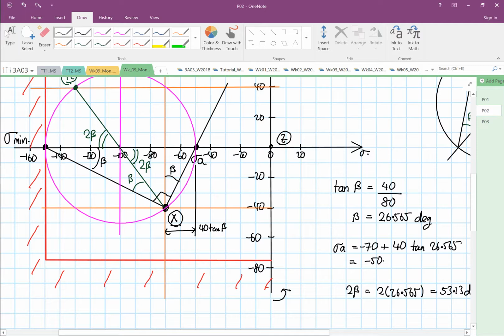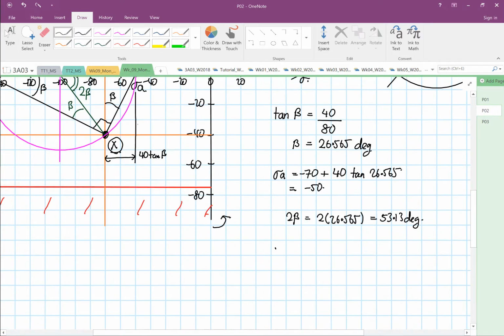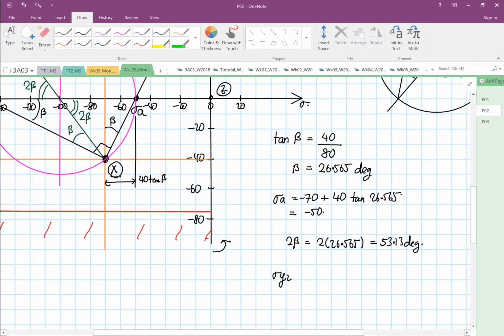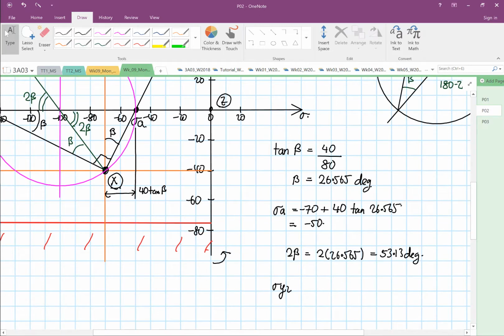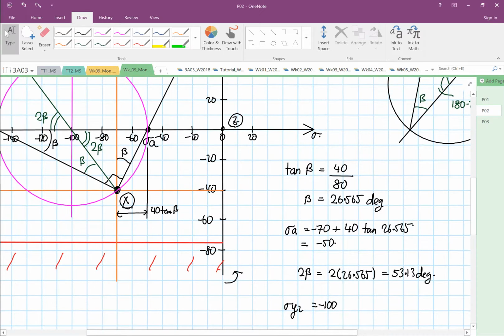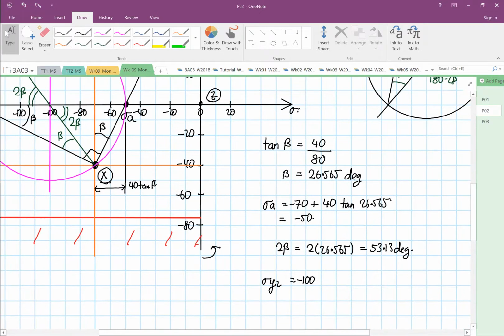We know that stress y2 is equal to minus 100, and we know that we have 40. Minus is going towards the left hand side, so minus 40 divided by tangent 53.13.